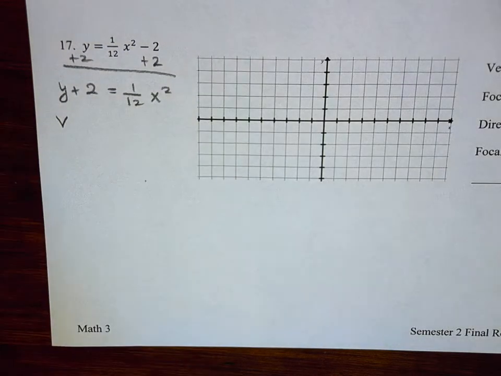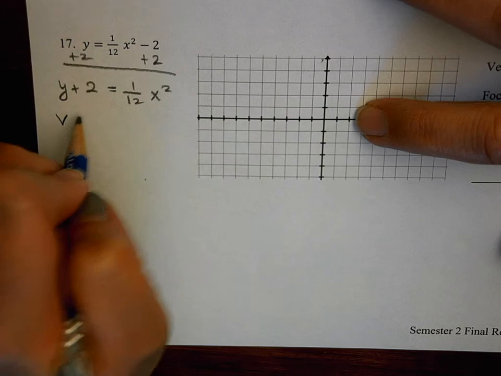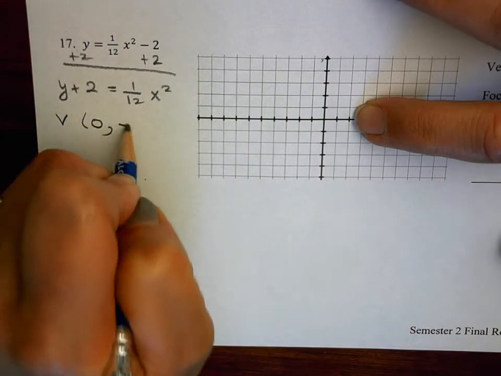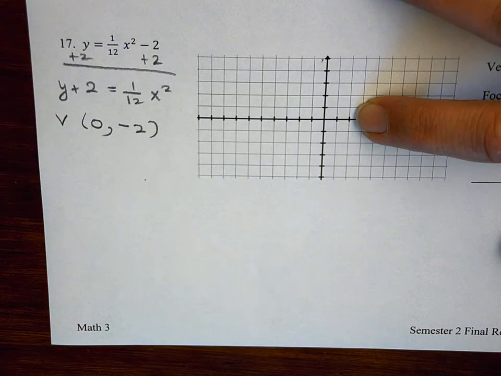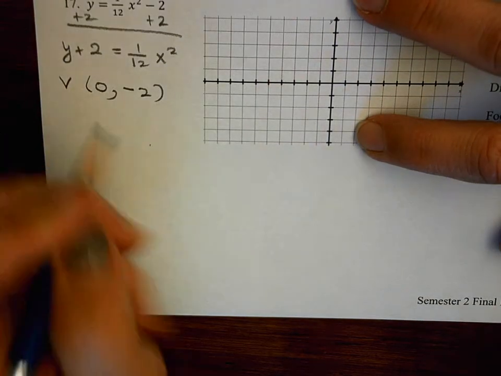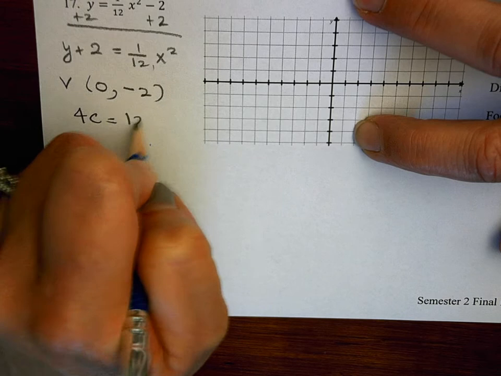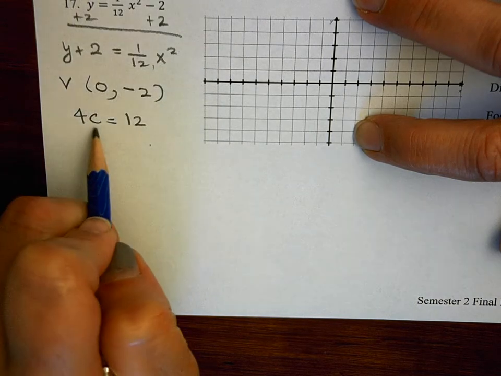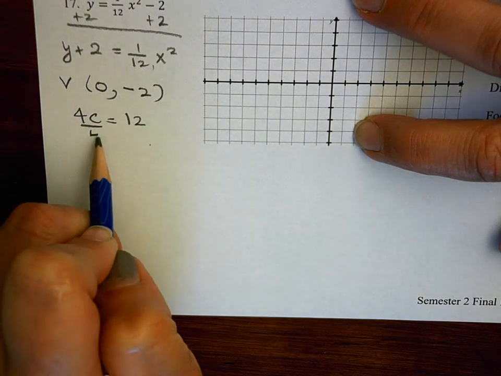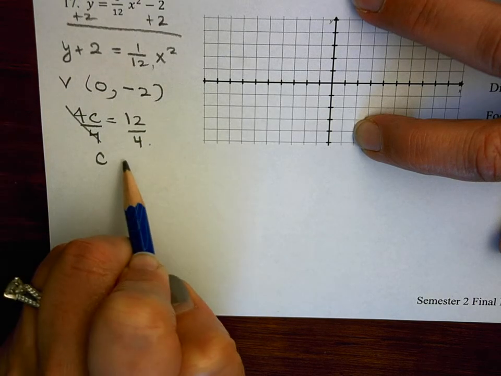So then my vertex is going to be alphabetical order x before y, so that would be 0 and then negative 2. And then I want to find my value for c, so I'm going to do 4c equals the denominator of 12, and then solve for that, so I'm going to divide both sides by 4. So c is equal to 3.